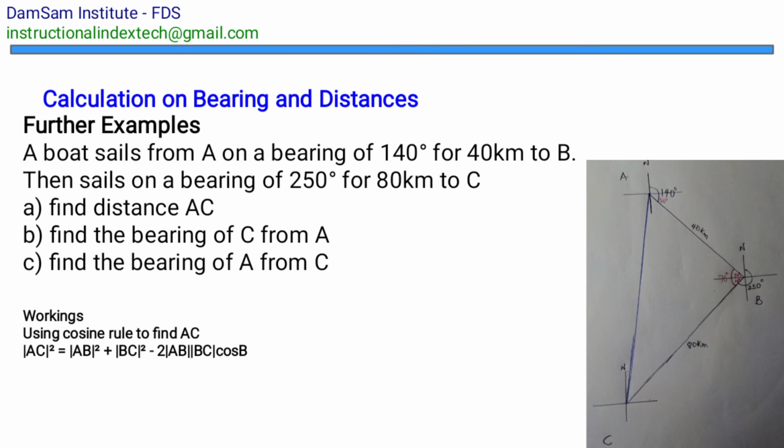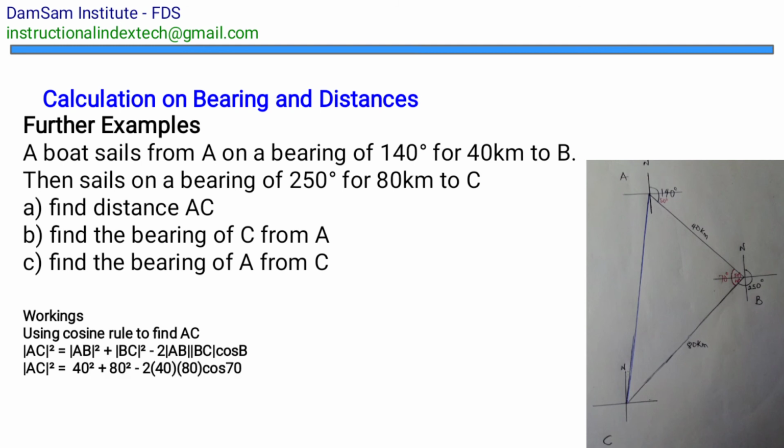We want to find AC, and this is the formula, because AC is the side facing that angle 70 degrees at B. So we have AC squared is equal to AB squared plus BC squared minus 2 AB times BC cos B. Cos B, 70 degrees, faces the side AC, just as mentioned earlier.